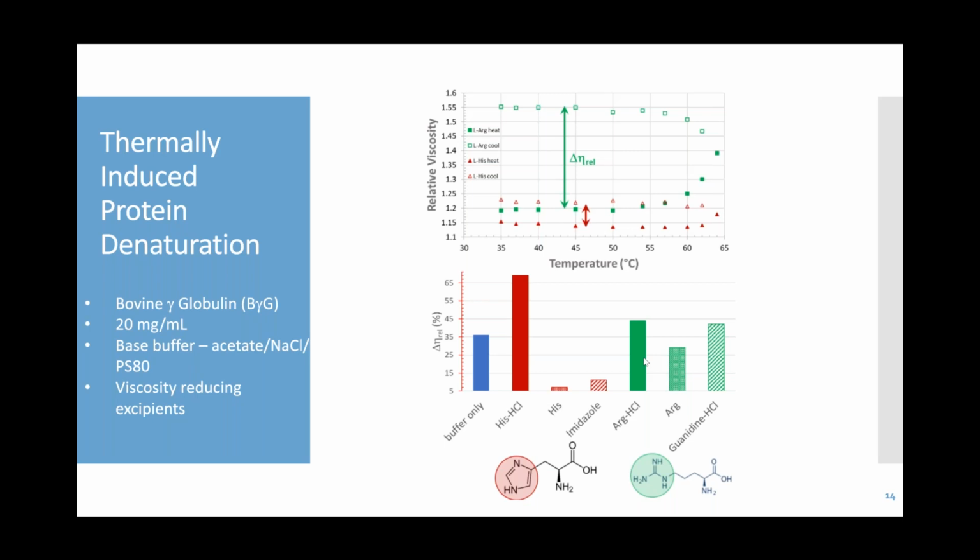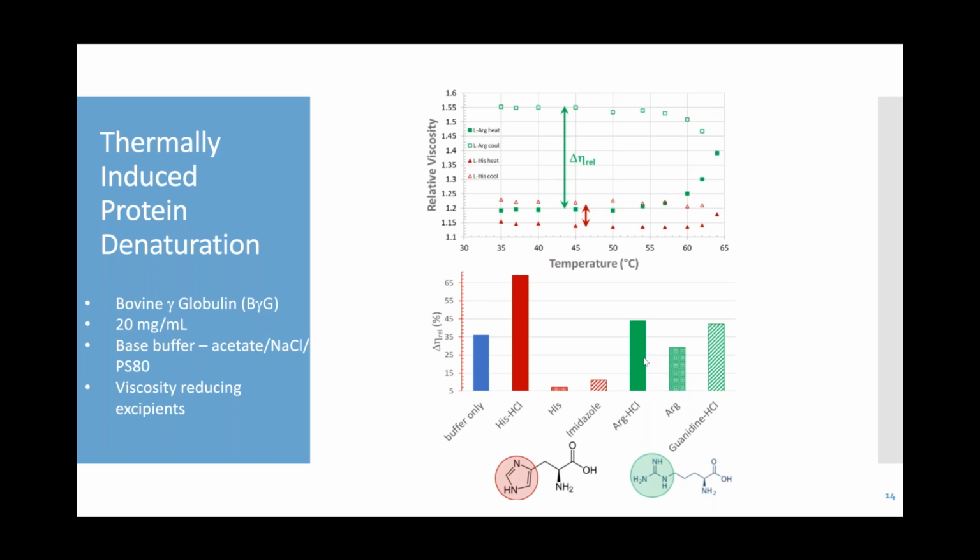So in that case, and particularly when we have the HCl molecules associating with these individual amino acids, they're basically acting kind of like a salt or counter ion, which can screen the electrostatic interactions, which can act as a stabilizing effect.